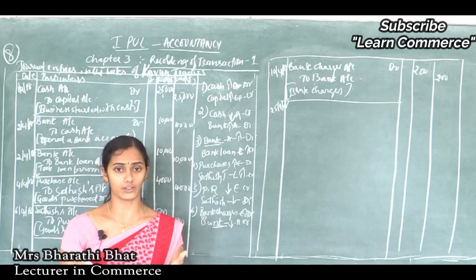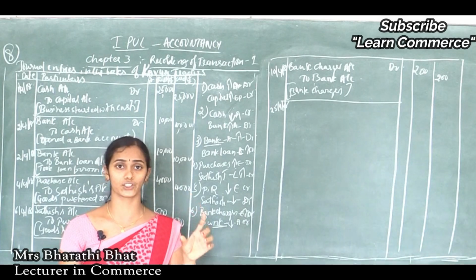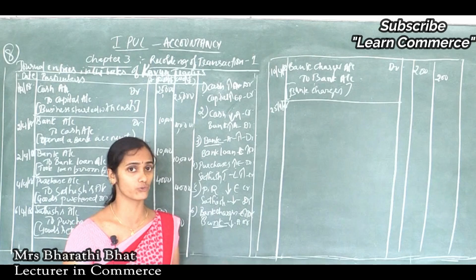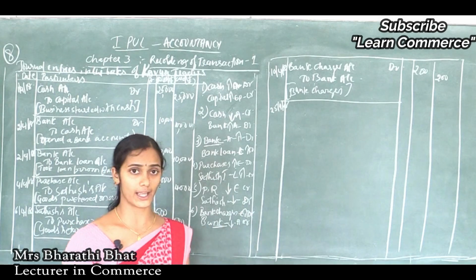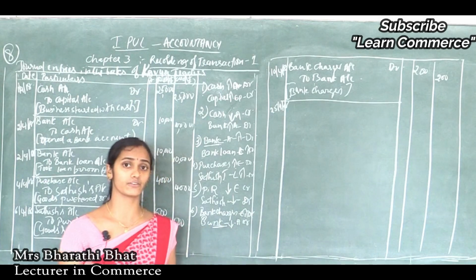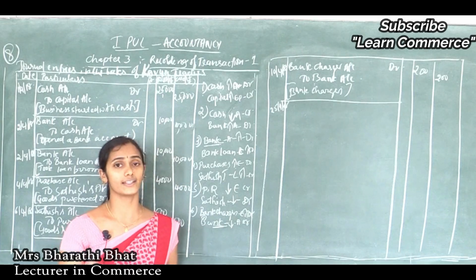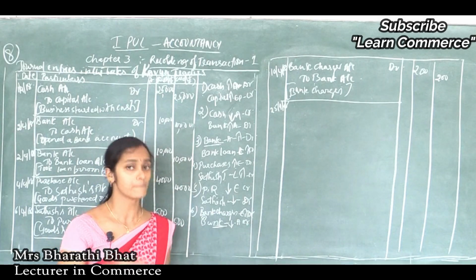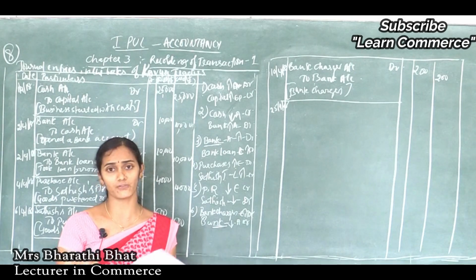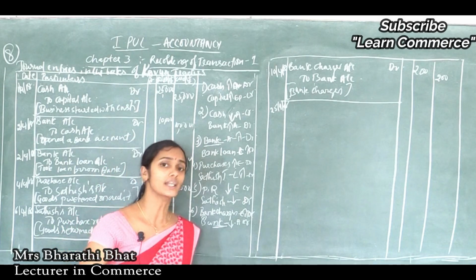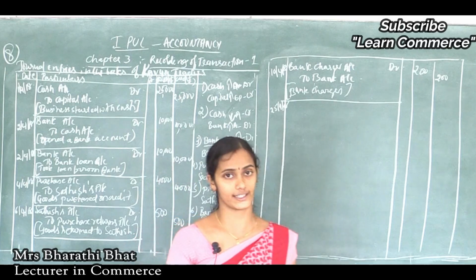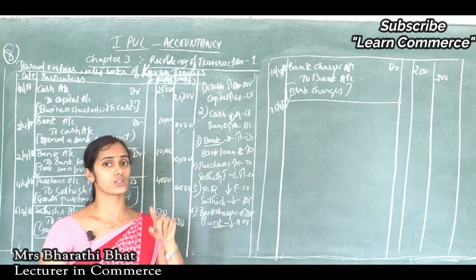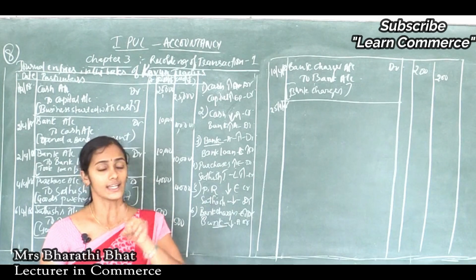So we need to analyze the transaction from the viewpoint of the business organization, not from the viewpoint of the owner. For the investment made by the owner, the business organization has to pay some interest to the owner. So payment of interest on capital is an expense to the business organization.